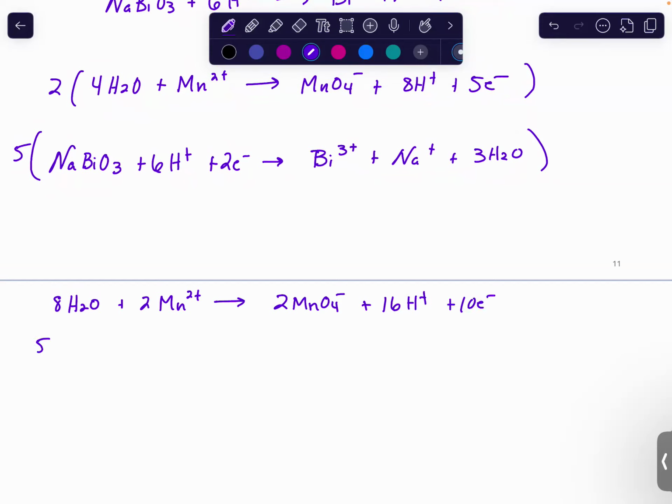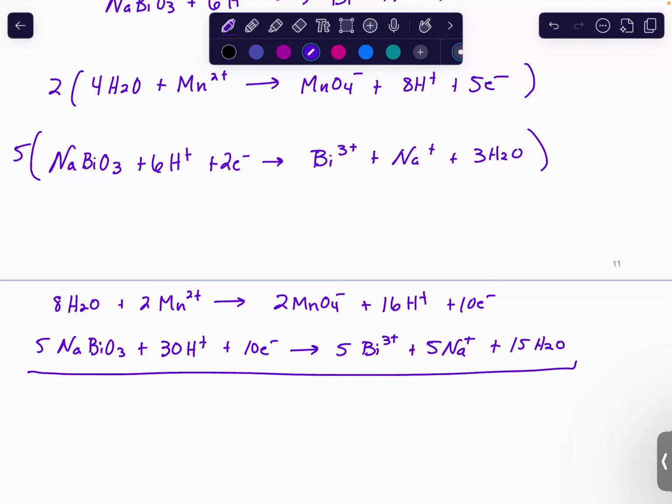And then we're going to have 5 sodium bismuth molecules, plus 30 protons, 10 electrons. And yes, sometimes numbers can get big in these. Don't let that bother you. I have the bismuth ion, 5 sodiums, 15 waters.